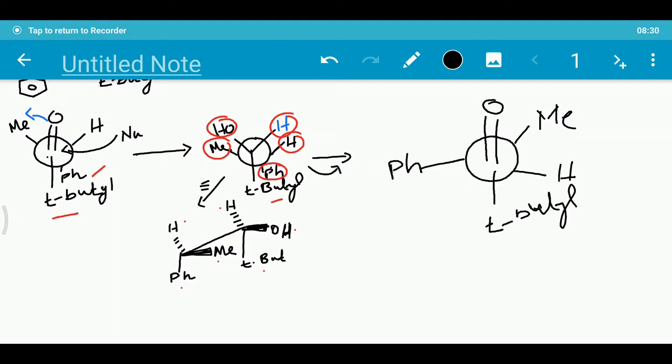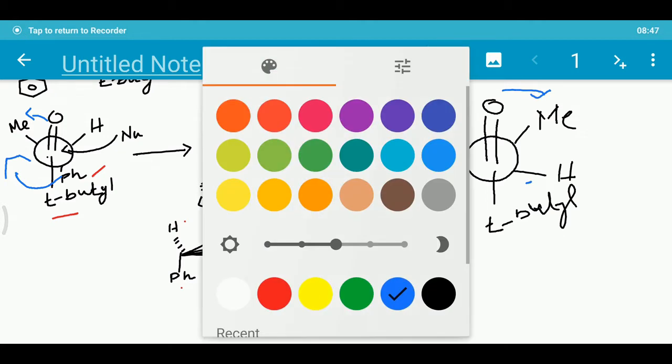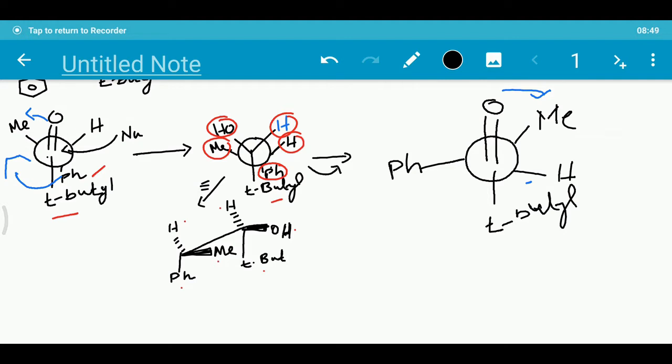Here I have drawn the most stable conformation. What I have done is I have just rotated this phenyl group to this side. So my methyl group comes to the top, and my hydrogen goes here.